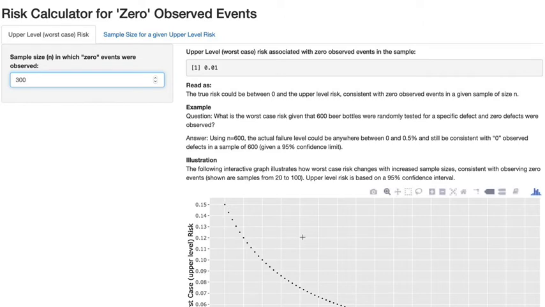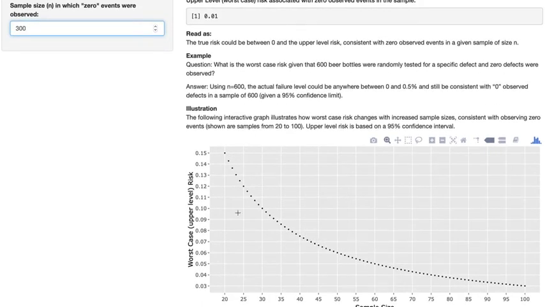This interactive graph here shows the situation a little bit more clearly. As your sample size goes up here on the bottom, your worst case estimate of your risk, your upper level risk, goes down as well. So if you're pulling 20 samples, your worst case risk could be as high as 15% and still be consistent with zero observed events.